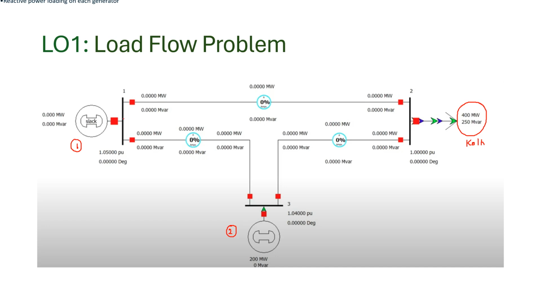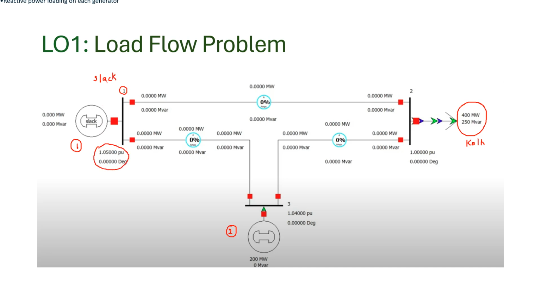Now I have three buses here. This is bus number 1, which is called the slack bus. Later on we will try to understand what the slack bus is, but for the time being just understand that here the voltage is fixed.